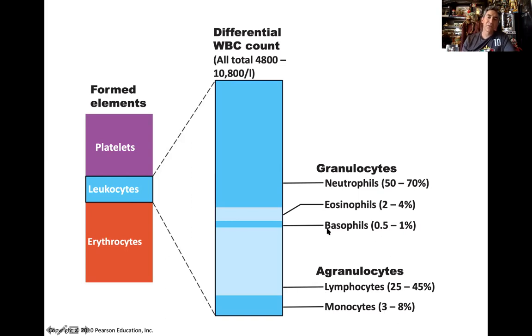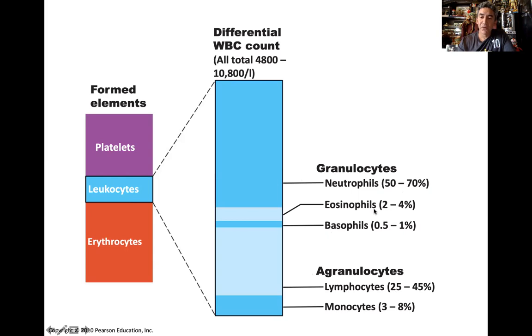So it gives us a way of remembering from the most abundant to the least abundant in percentage of these white blood cells. So neutrophils will account for about 50 to 70% of all white blood cells. Lymphocytes about 25 to 45. Monocytes about 3 to 8.